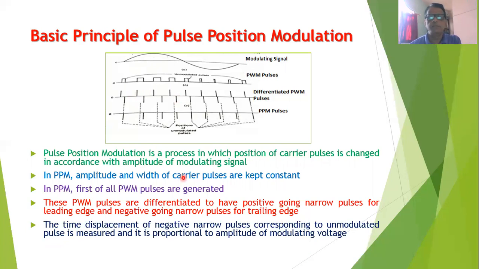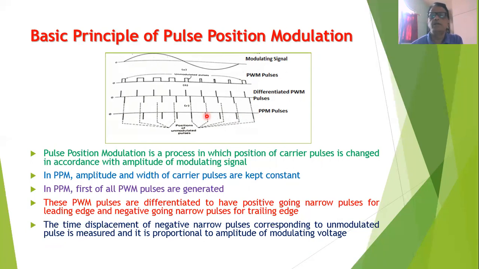The time displacement of the negative going narrow pulses corresponding to the unmodulated pulses is measured, and it is proportional to the amplitude of the modulating voltage. So you will find that all the positive going pulses are eliminated and only negative going pulses are considered, and their time displacement with respect to the carrier pulse is measured.